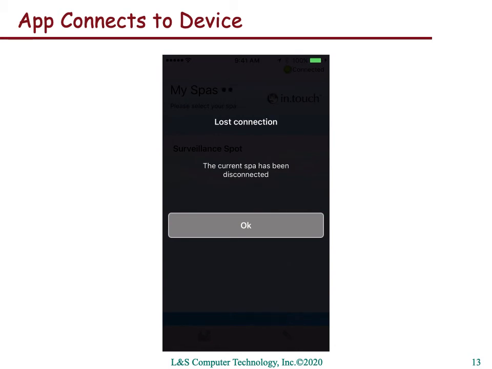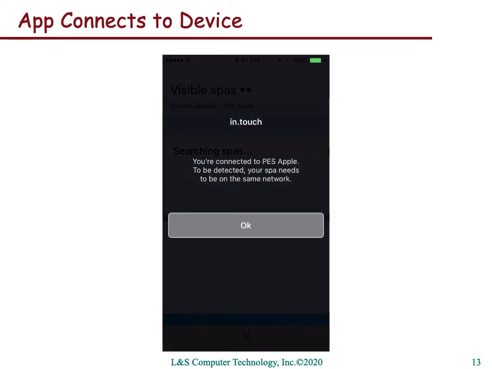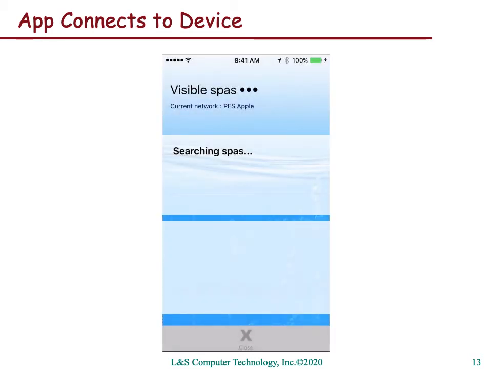So it fails after an overly long timeout. It's almost 60 seconds. So that's an example of "are we there yet?" Notice that it remembers the name of the spa and it remembers that it was connected, but it times out and starts over.